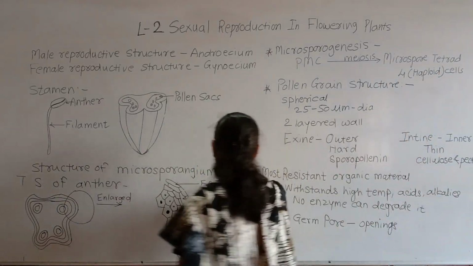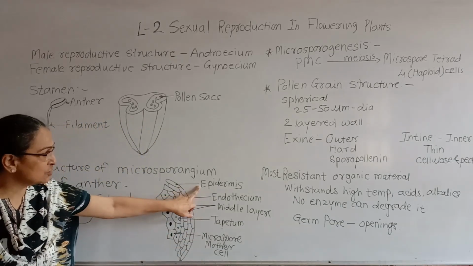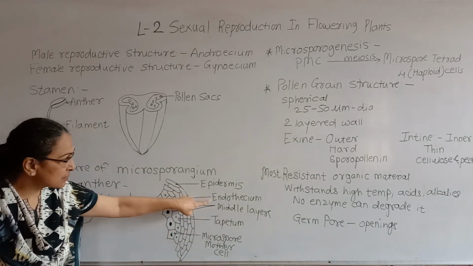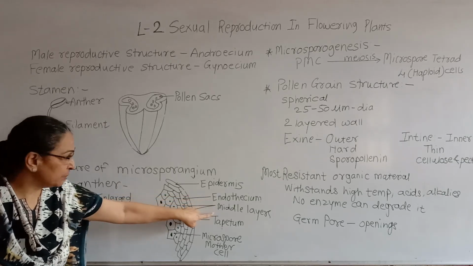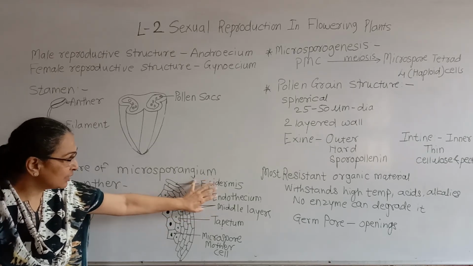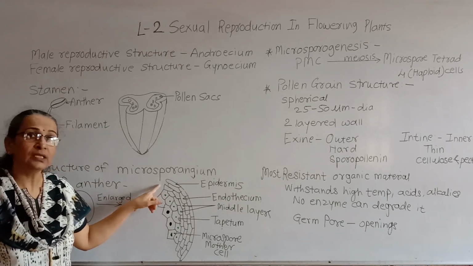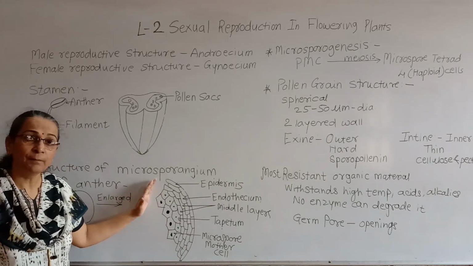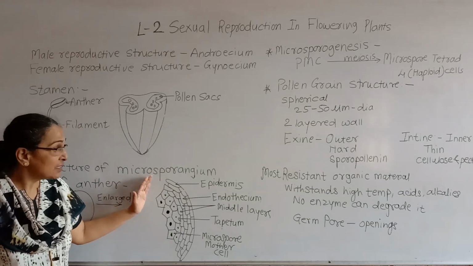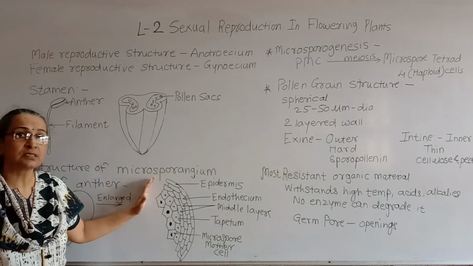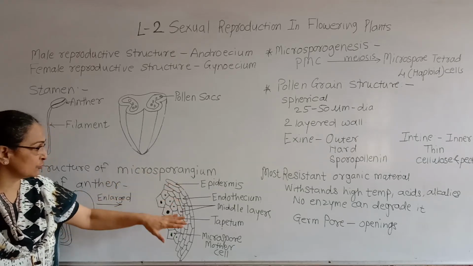Now we will see what the structures or functions of all these are. The epidermis, endothecium and middle layers, these 3 outer wall layers, perform the function of protection and the dehiscence of the anther. Dehiscence means breaking open and release of the pollen grains.